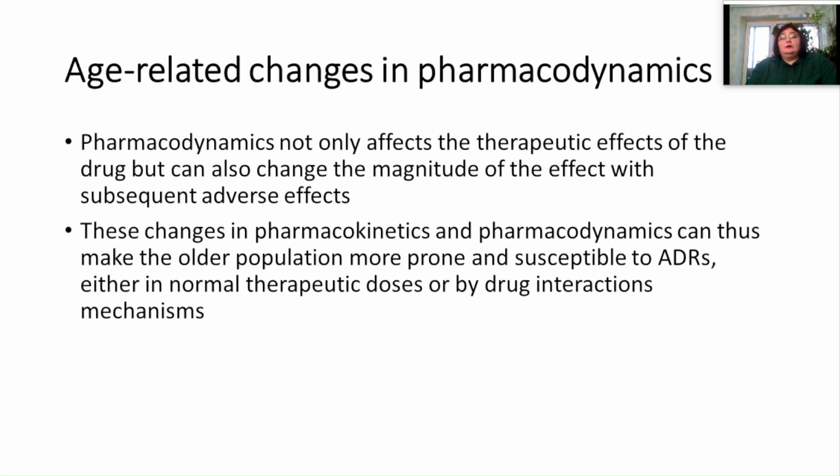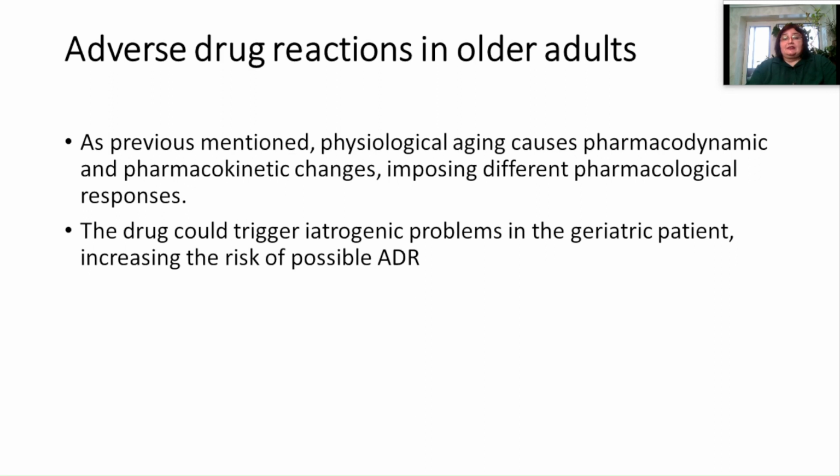Pharmacodynamics not only affects the therapeutic effects of the drug, but can also change the magnitude of the effect with the subsequent adverse effect. These changes in pharmacokinetics and pharmacodynamics can thus make the older population more prone and susceptible to adverse reactions, either at normal therapeutic doses or by drug interaction mechanisms.